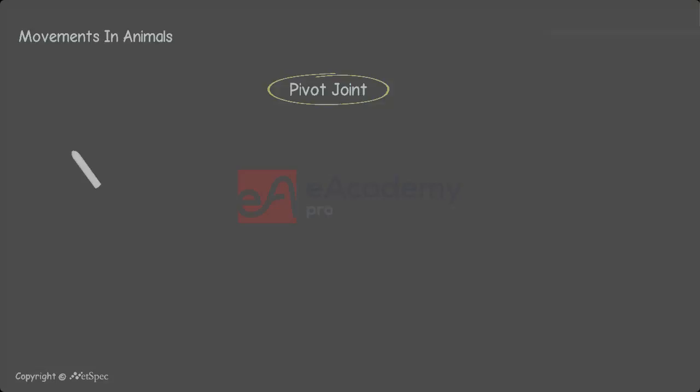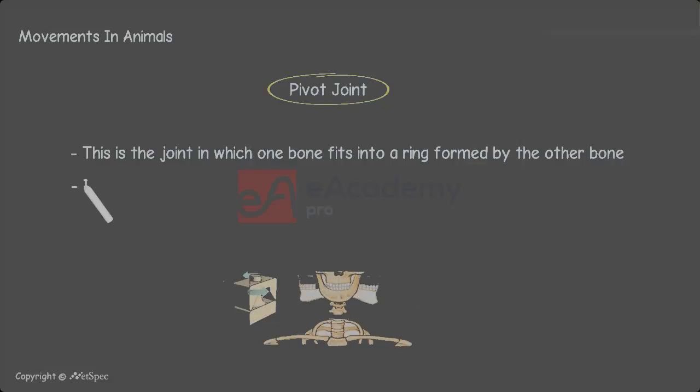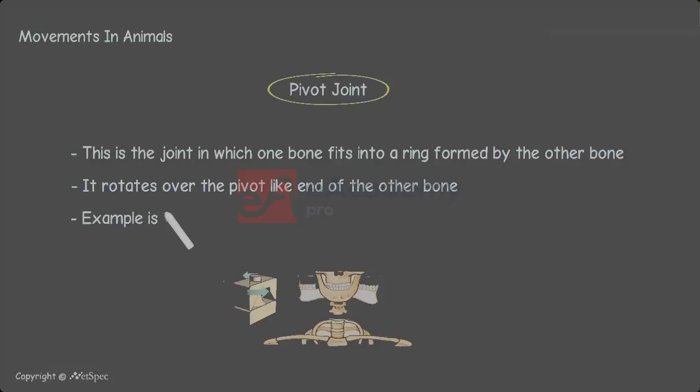Pivot joint. A pivot joint is formed when one bone is fixed and the other bone forms a ring-like structure that rotates over the pivot-like end of the first bone. For example, we can see this in the neck region, where the head rotates over the neck.